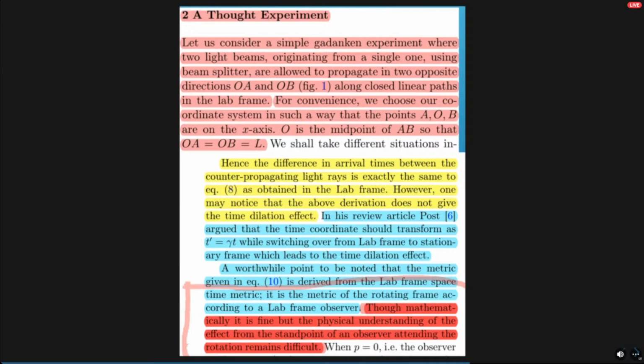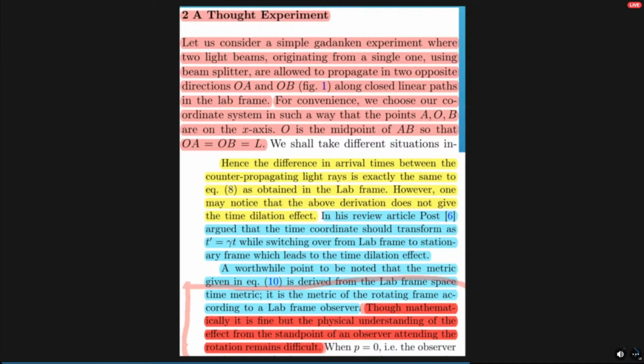What's the implication there right off the bat? That the time in the lab and the time on the rotating platform is the same. And if the time is the same for you, the inertial observer, being stationary, and the time's the same on the rotating platform, and they make the same prediction, then the explanation given by special relativity, that a hypothetical observer on the platform would measure a different time, is untenable.